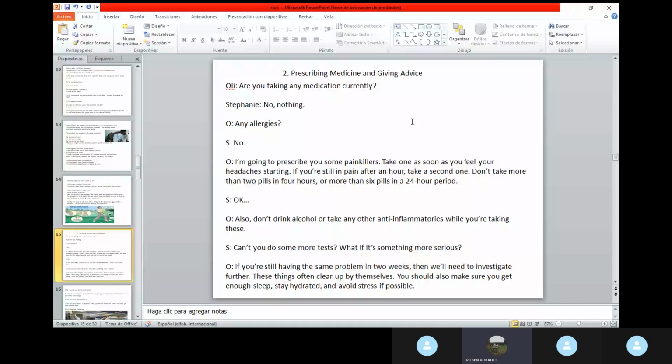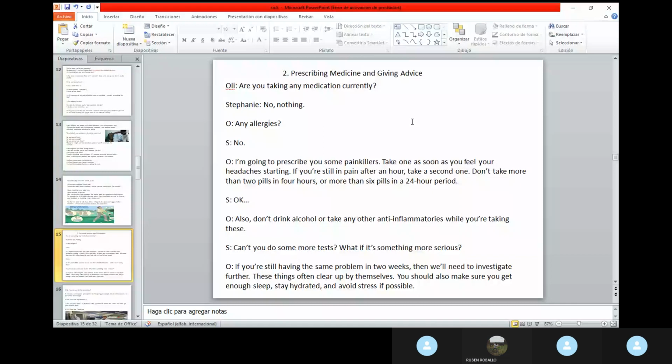If you're still in pain after an hour, take a second one. Don't take more than 2 pills in 4 hours, or more than 6 pills in 24 hours. Also, don't drink alcohol or take any other anti-inflammatories while you're taking this.